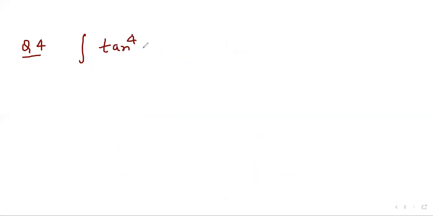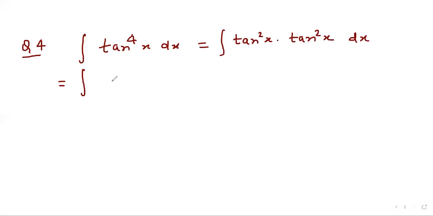tan power 4x dx. We write it tan square x times tan square x dx. We further write it sec square x minus 1 times this tan square x, that is, tan square x is written as sec square x minus 1 and keeping second one as intact.